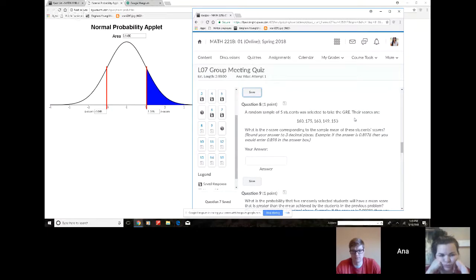Divided by 5 equals 160. That's the mean. Now, what is the z-score corresponding to the sample mean of these students?